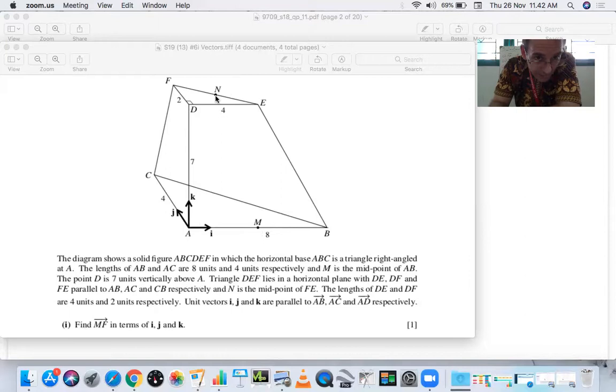N was only 1j because F is 2j, so that means N is just 1j. M is at the front, so we have to go along the j axis plus 1. And then we're going all the way from the bottom to the top, so plus 7k. Put it in alphabetical order, so it's actually minus 2i plus 1j plus 7k.